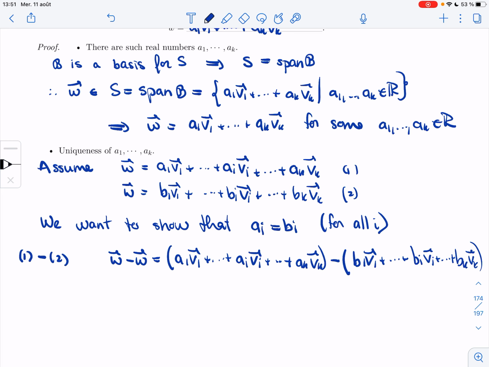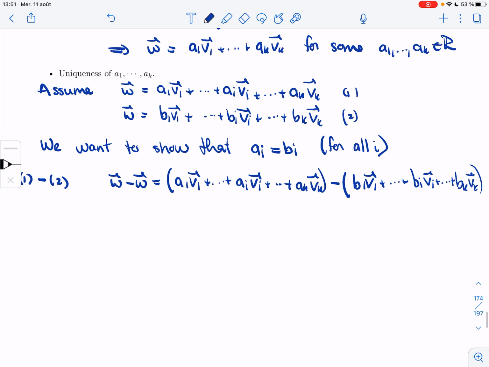Now, if I rewrite this, on the left I'm just going to get 0. Then on the right, I'm going to put all the V1s together, all the VIs together, and all the VKs together.